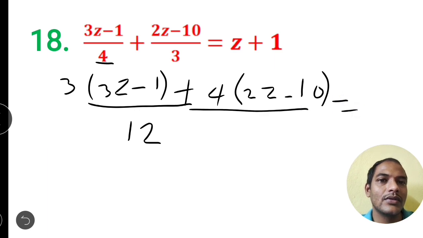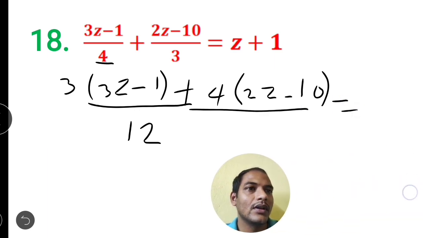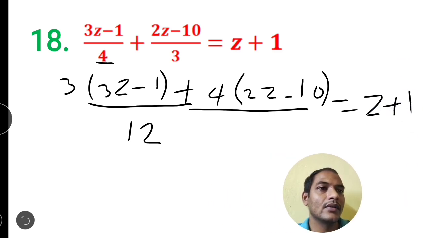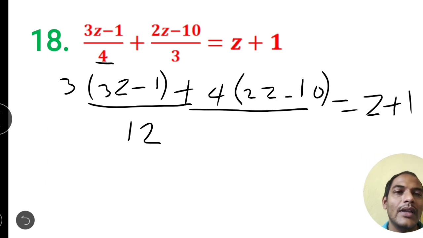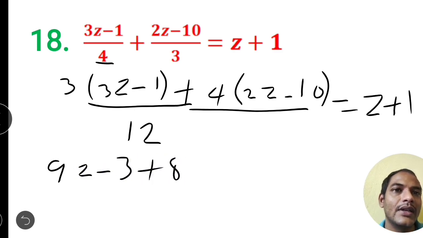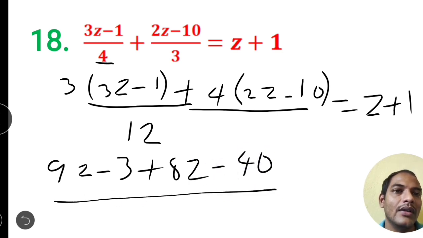It equals z plus 1. Okay, so now 3 multiply inside: 3 into 3z is 9z, 3 into minus 1 is minus 3, 4 into 2z is 8z, 4 into minus 10 is minus 40, by 12 equals z plus 1.